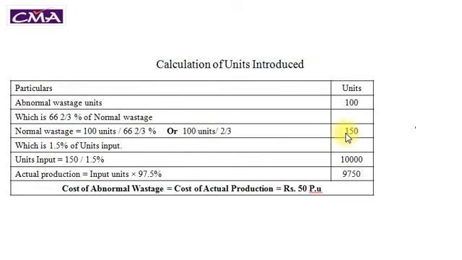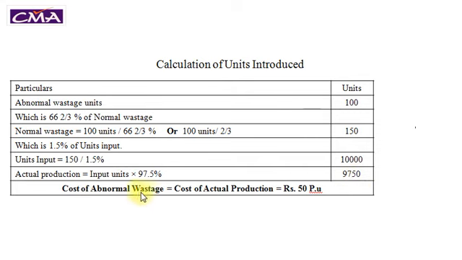So our normal wastage amounts to 150 units, which is 1.5% of units introduced or units input. Therefore units input is equal to 150 units divided by 1.5 percentage, that is 10,000 units. And our actual production is 97.5% of input units, that is 10,000 into 97.5%, that is 9,750 units.